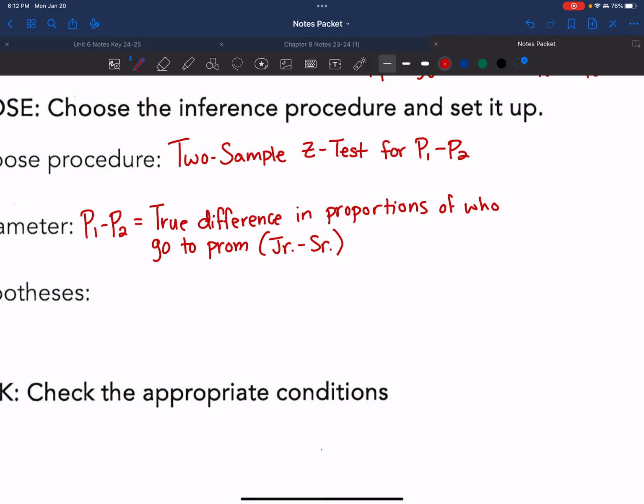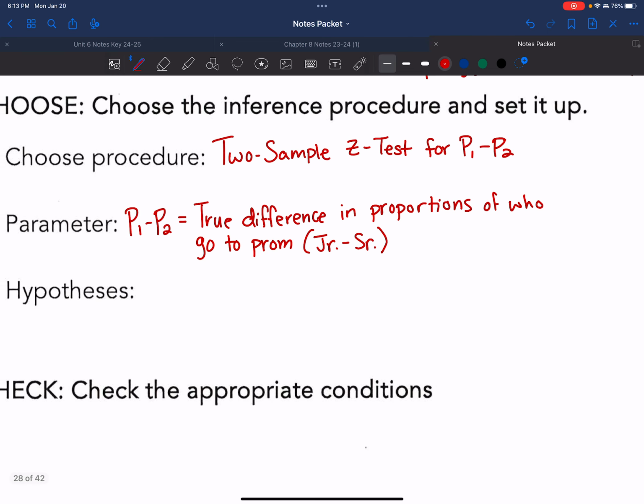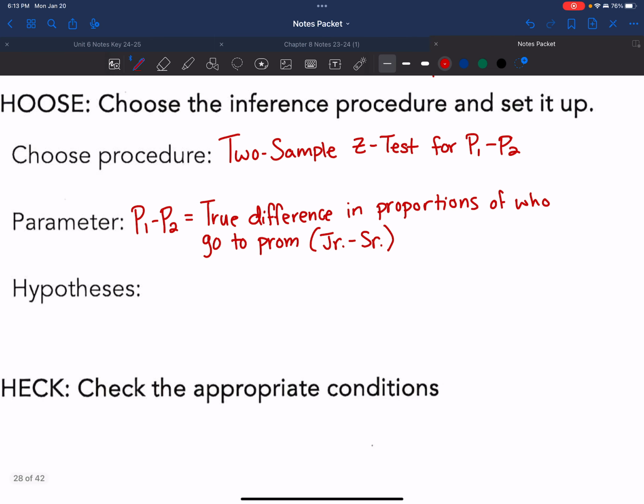Anytime you have a problem like this where you're doing a difference, you need to define your direction. So junior minus senior is what I'm doing. If you did senior minus junior, you would need to make sure you write that. And now your hypotheses. So anytime you're writing a hypothesis, typically your null hypothesis represents no difference. Okay? So if there was no difference between juniors and seniors, well, p1 minus p2 would just be equal to 0, right?